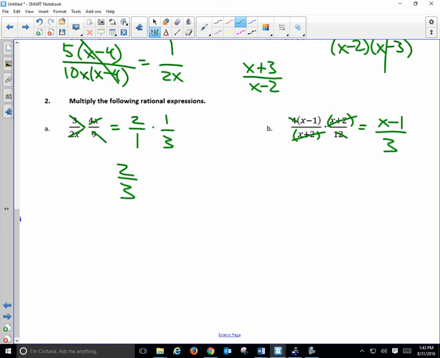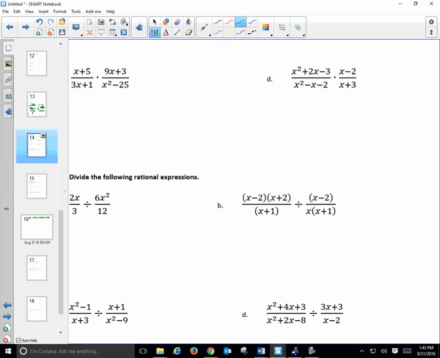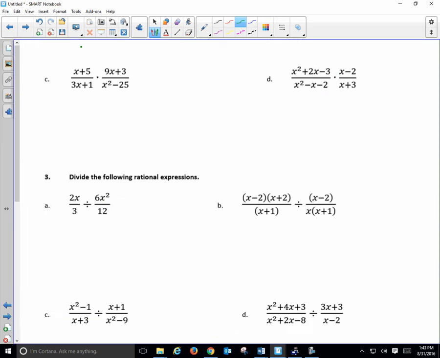Pretty straightforward. As you noticed yesterday, we practiced factoring. Today, we actually put the factoring to use. Try letter C and D on your own.